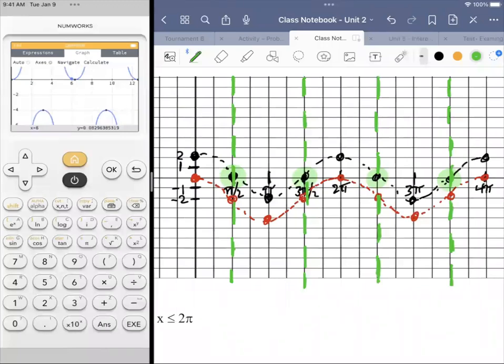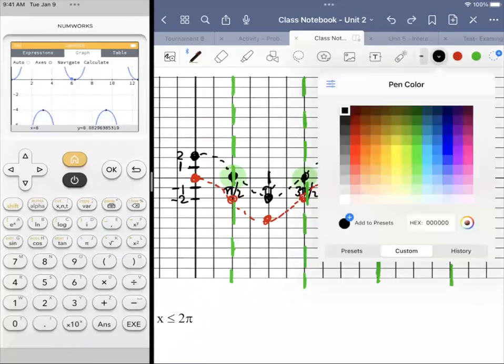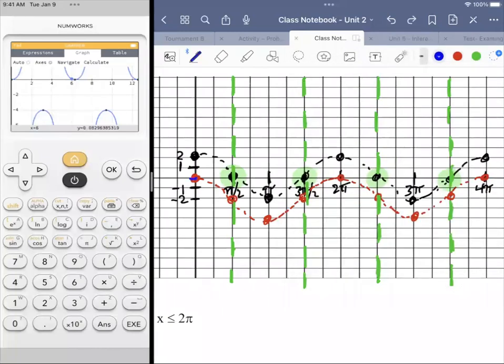Looking at my red curve here, this piece right here, I want to flip it the other way. I've got to get yet another color in here. And I told you these get kind of messy. This point here, instead of going down, I want it to go up, approaching the vertical asymptote. This part of the curve here, instead of going up, I want it to go down, approaching the vertical asymptotes.